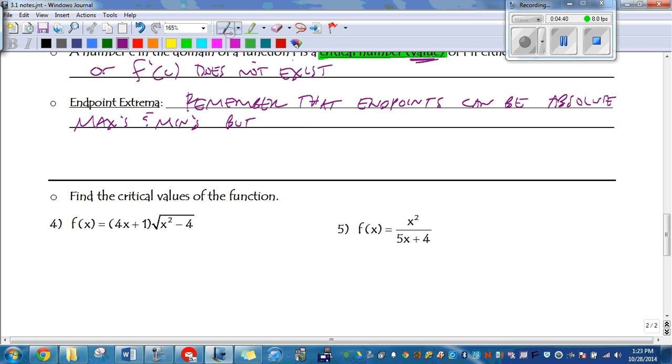But they do not need to have a derivative of 0 or a derivative that does not exist. So the derivative does not have to equal 0, or the derivative does not have to exist. So, in those cases when you have an endpoint that's an absolute max or an absolute min, this does not have to be true. If it's in between the endpoints, it does have to be true, but endpoints do not have to have a derivative of 0 or a derivative that does not exist.